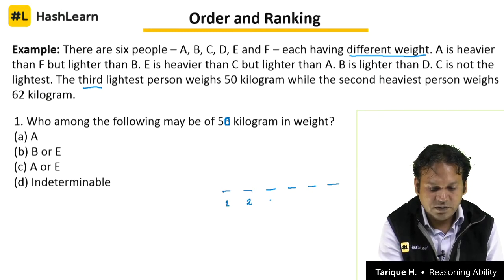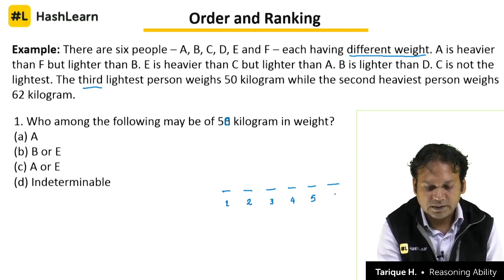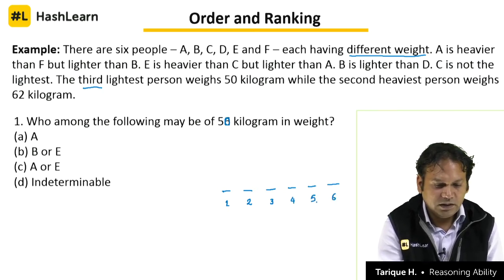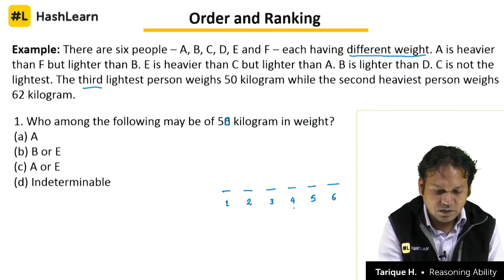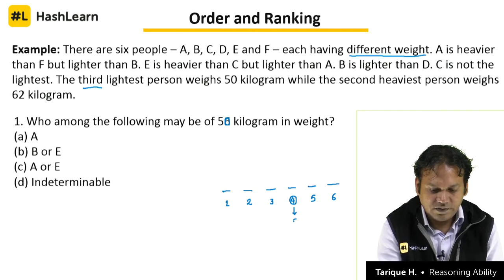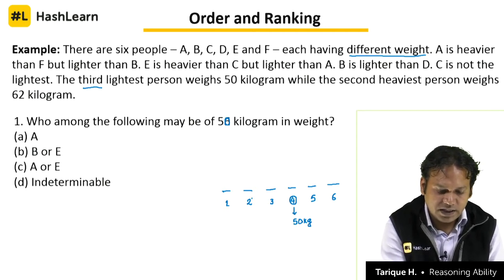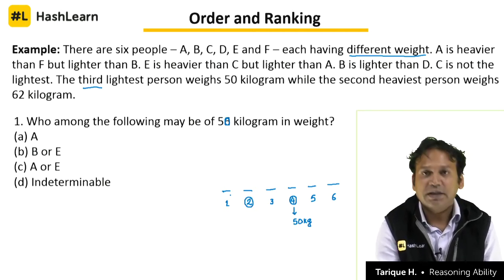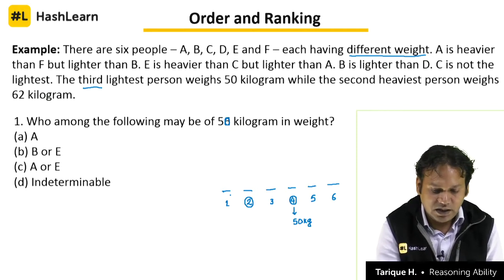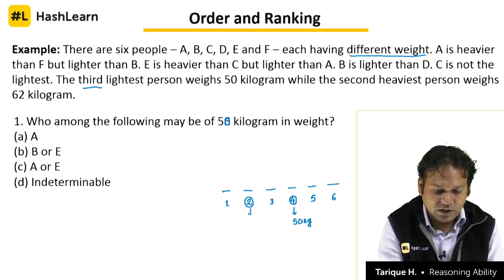This is the third lightest person, and he weighs 50 kilograms. And the second heaviest person, this person weighs 62 kilograms.